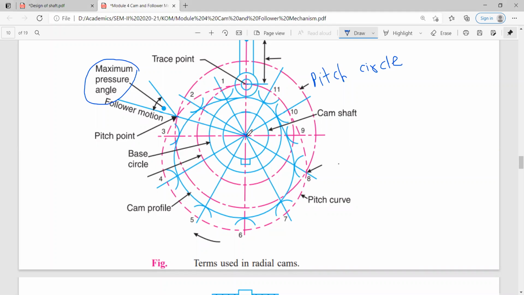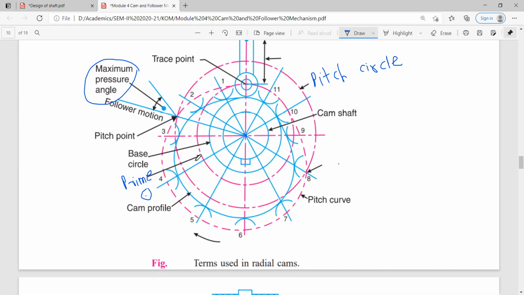Then what I will do, will take it as radius and draw this circle. So this circle is known as your prime circle.